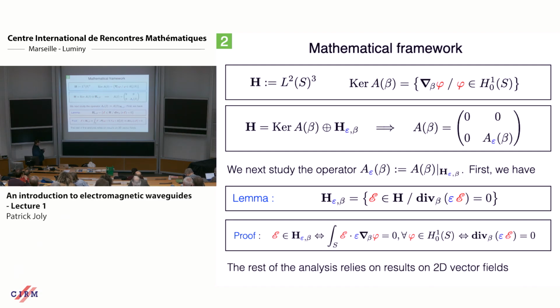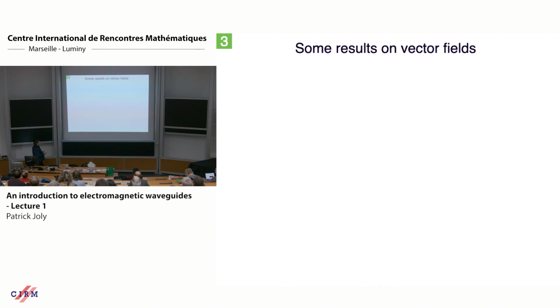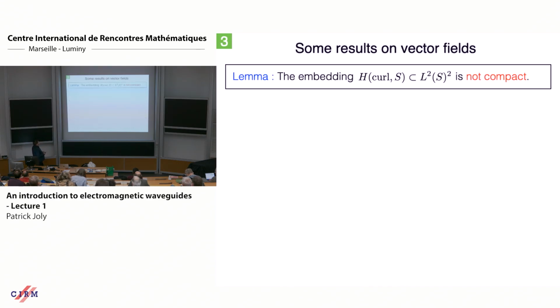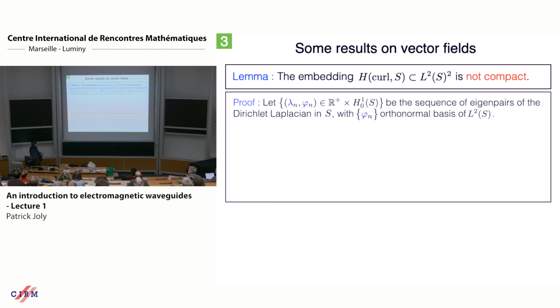Okay, so now the rest of the analysis will rely on results on 2D vector fields that I am going to give now. And I will begin with a negative result, which is that the embedding of H curl into L2 is not compact, contrary to what we observe with H1.